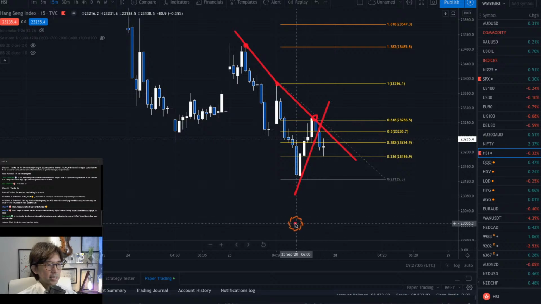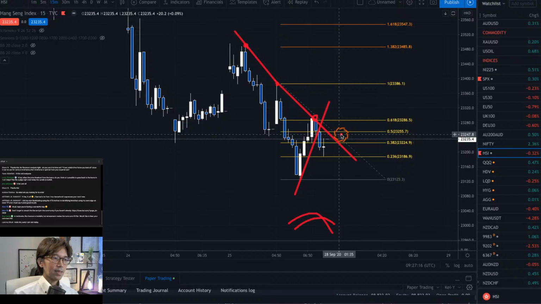And if the stochastics was dead crossing, that was another sell chance. And if the Bollinger Bands in this downtrend was band walking, then that will be another sell chance also. So I don't take just a single indication to take a sell.